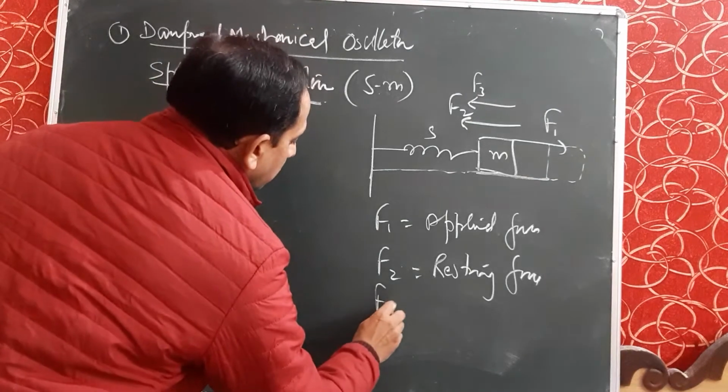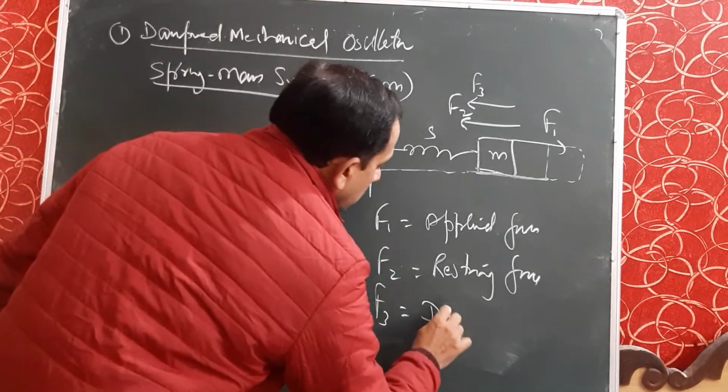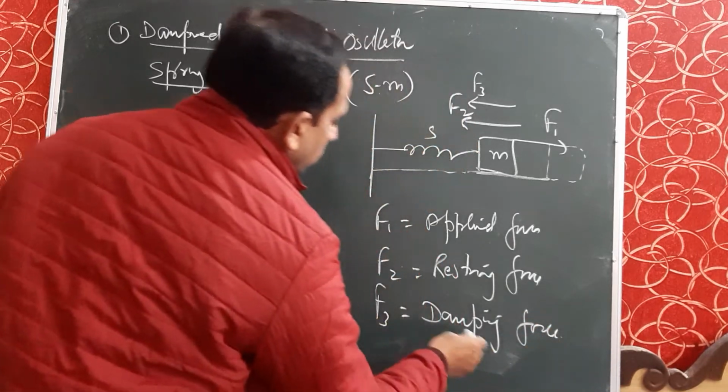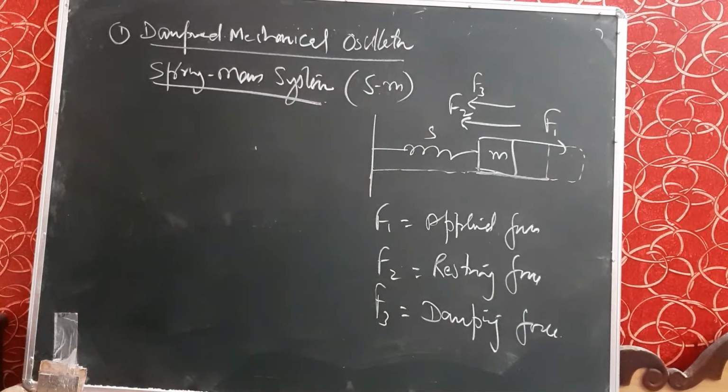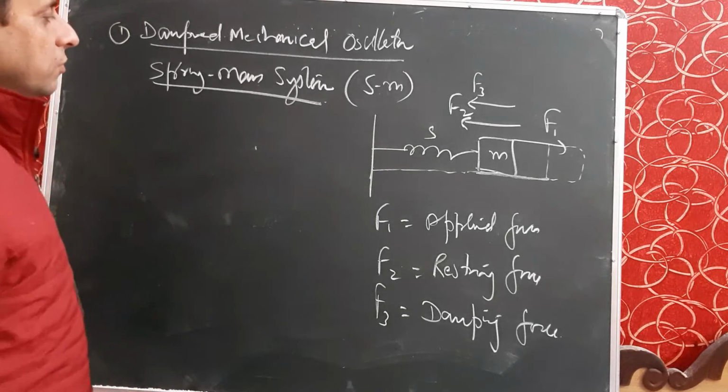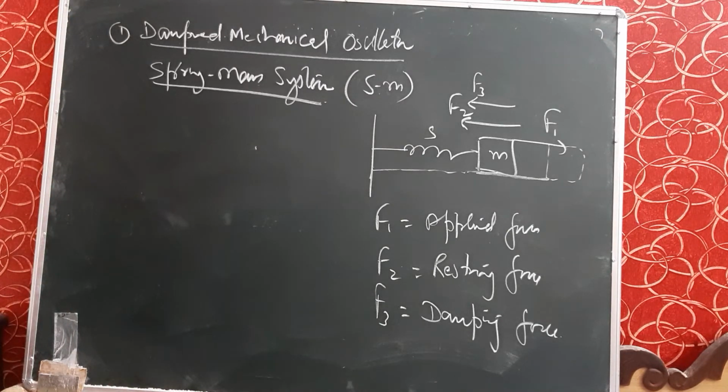That F3 is called the damping force, also called frictional force or air friction. It may be any type of force which produces the damping, or which decreases the amplitude of the oscillations.